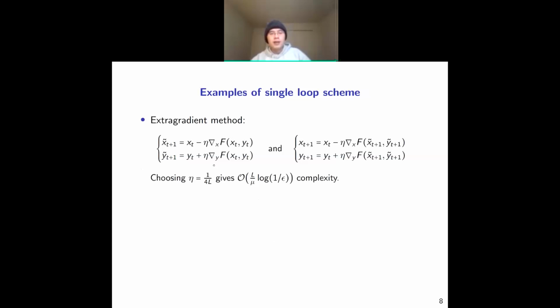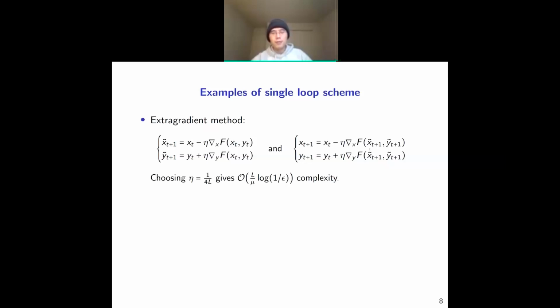Another algorithm is the extra gradient method. Different from the pure GDA algorithm, it first computes another point. I'm not sure if it has a formal name for that, so let's just call it the prediction point or anything you want. It first computes this prediction point by a single gradient descent ascent step. But instead of using this point as your next iterate, you take an extra gradient step: you compute the gradient at the prediction point, but you go from your previous iterate.